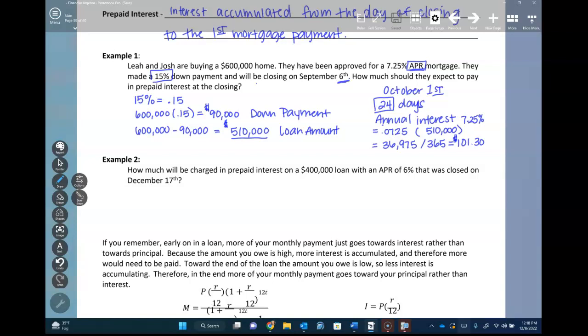Okay, but that's over the course of 24 days. So if you take that and you figure you're going to pay that for 24 days, you can expect closing costs to be around $2,431.20. That's going to be your prepaid interest. Okay?